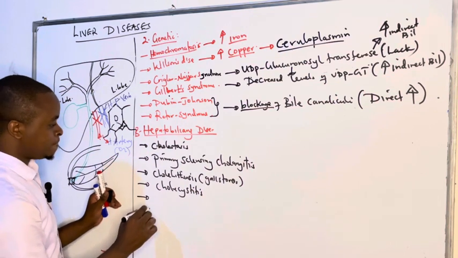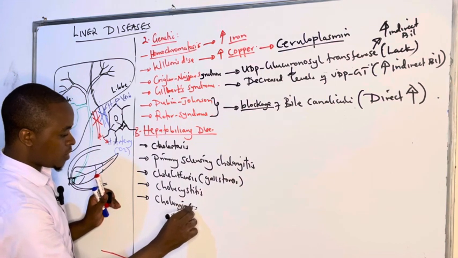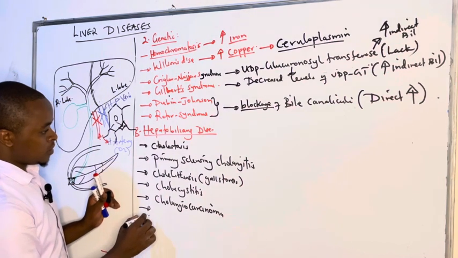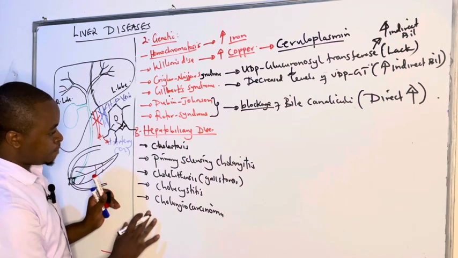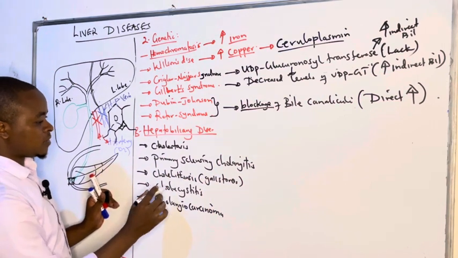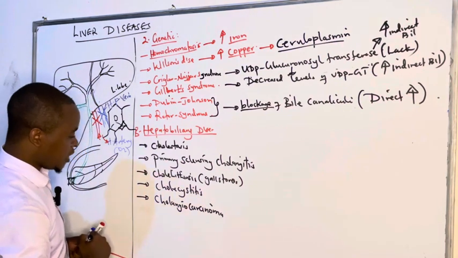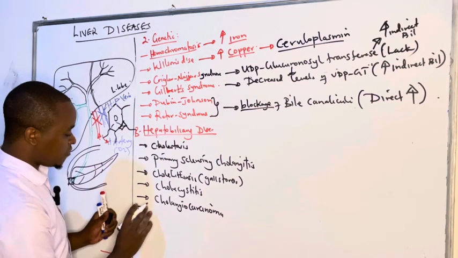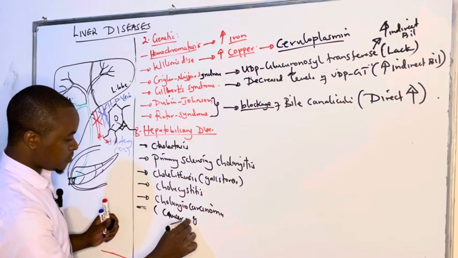They include cholangiocarcinomas. So we have cholestasis, primary sclerosing cholangitis, cholelithiasis, cholecystitis, and even cholangiocarcinoma, which can also be cancer of the gallbladder.